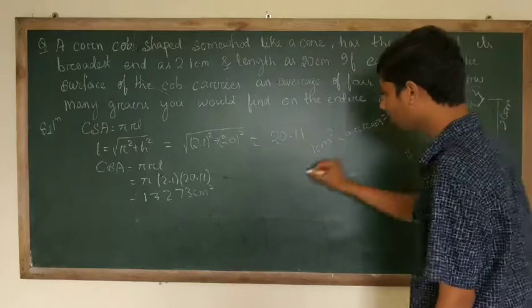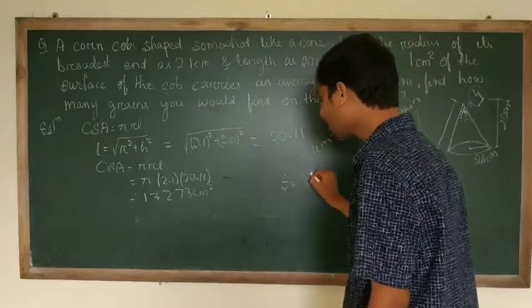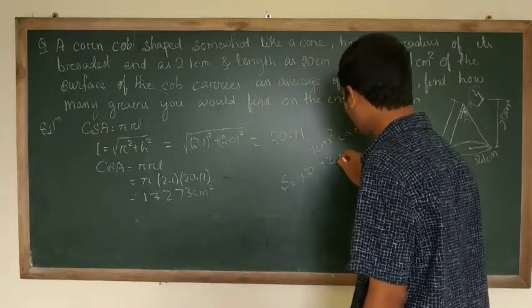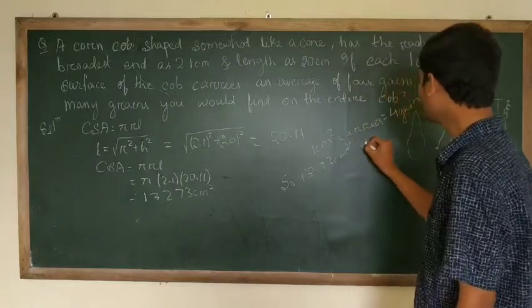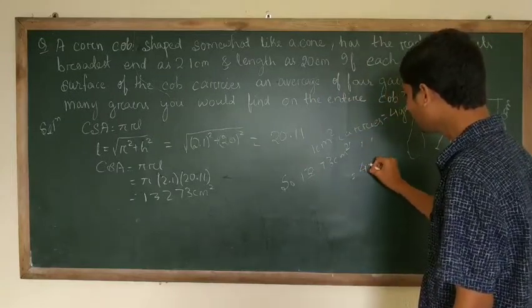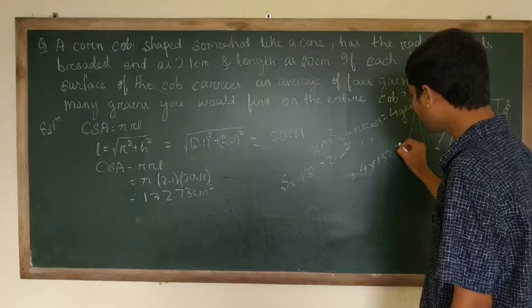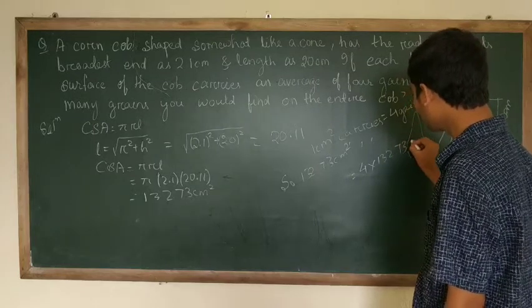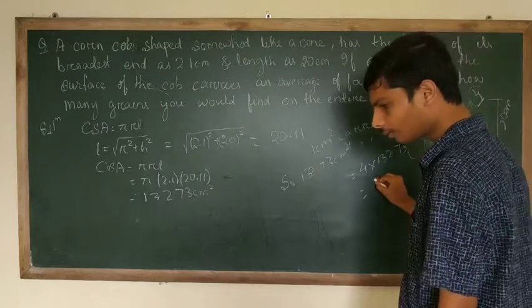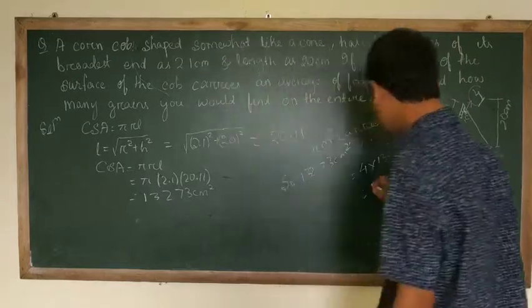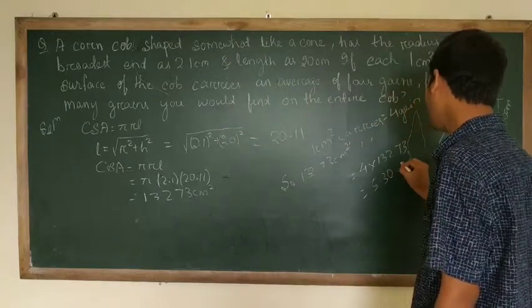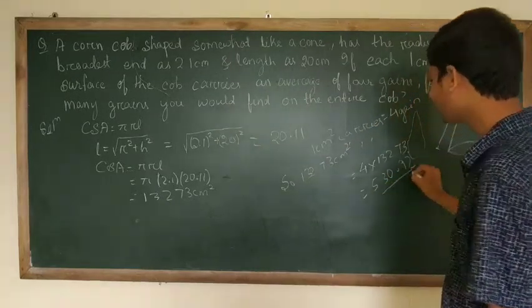So 132.73 cm square will carry 4 into 132.73 grains. This is the total number of grains, which comes to 530.92, and this is your answer.